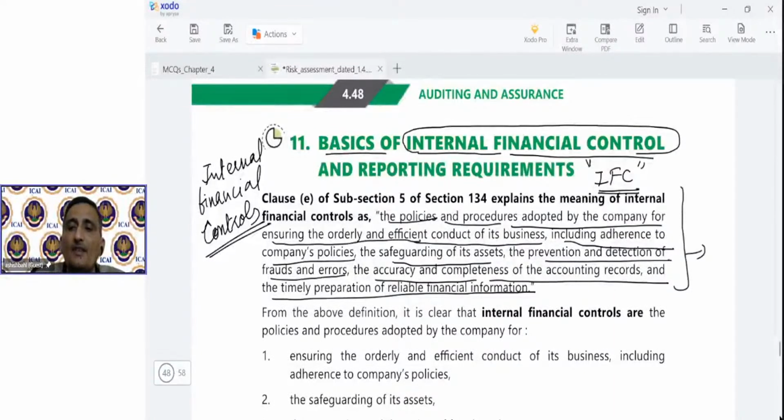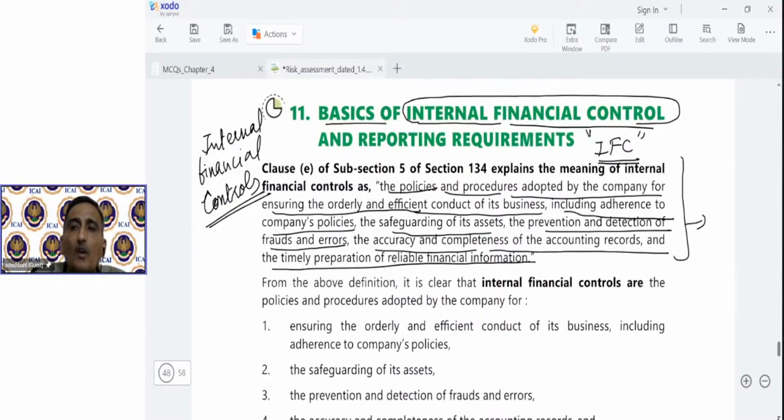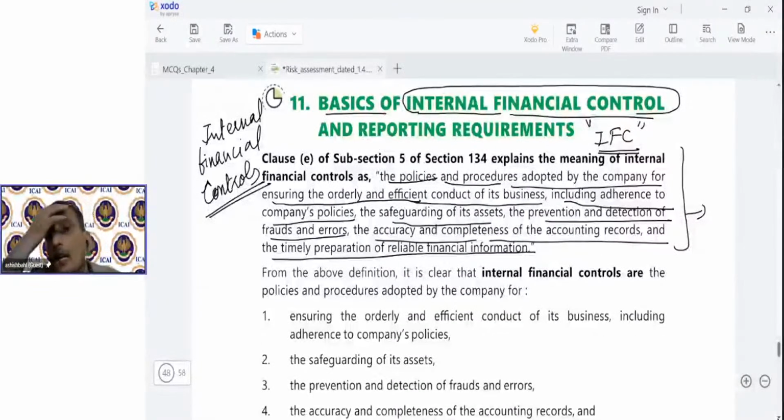You would see that all these things are more or less related to internal controls. But this term is specifically defined in the Companies Act 2013, so we have to go by what the legal definition says. It is the same thing, but couched in different language.